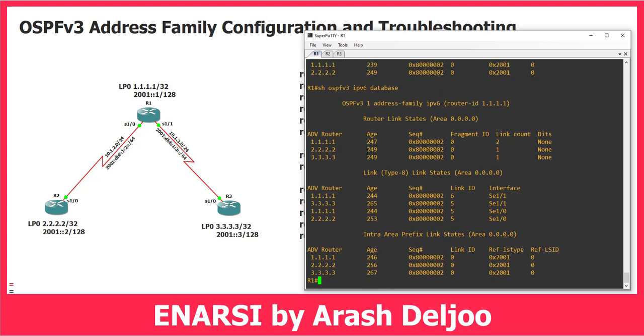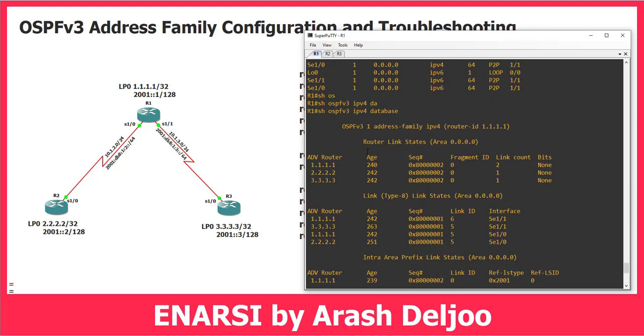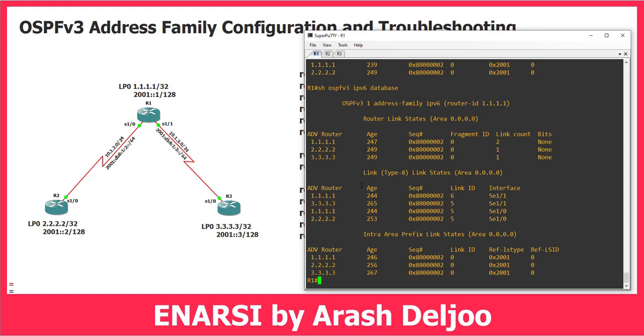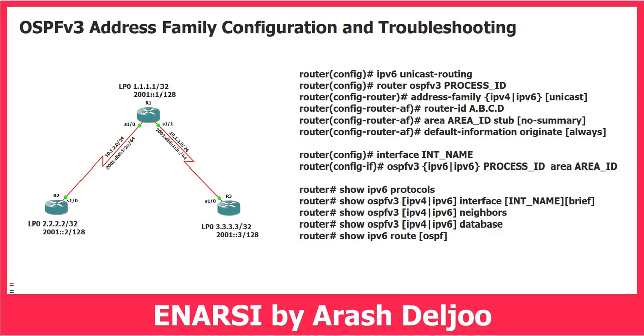We only have one difference here, and as you know, when we are using OSPFv3 for both address families, IPv4 and IPv6, OSPFv3 should send both IPv4 and IPv6 addresses, and because we have two databases, the LSDB of IPv4 and the LSDB of IPv6.